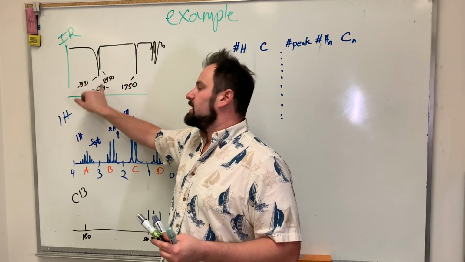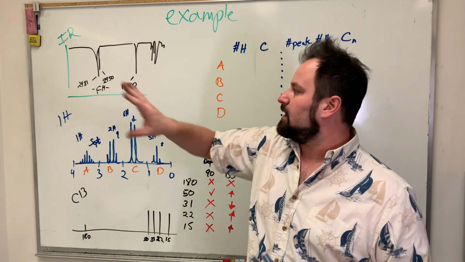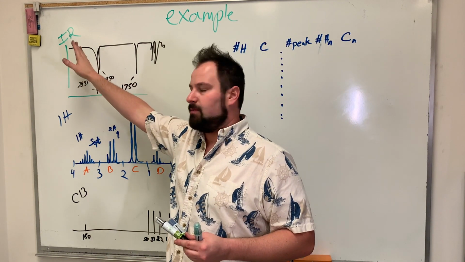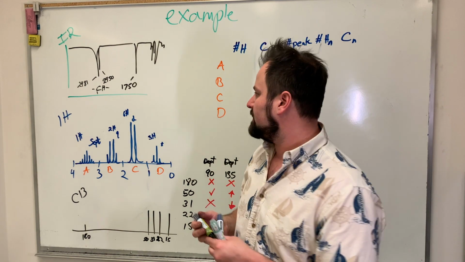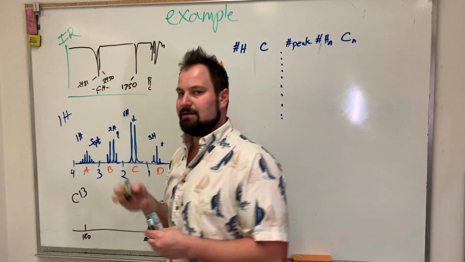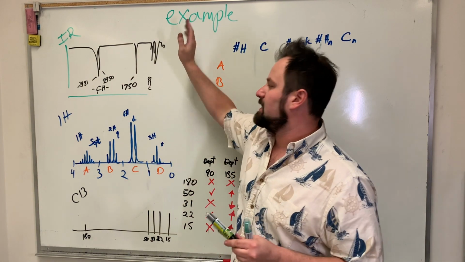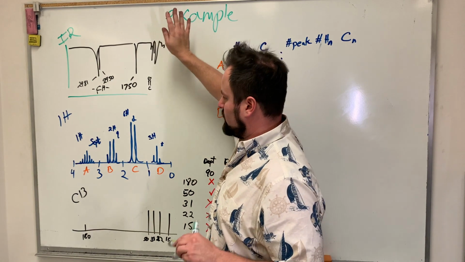Regardless of what it is, it's single bonded. That's the important thing, because it's not high enough to be double bonded. And then we see another one, 1750. That is some kind of carbonyl. So we know that we probably have some kind of carbonyl. And then there's some mess down here that's pretty low. We don't pay attention to it. That's part of the fingerprint region.